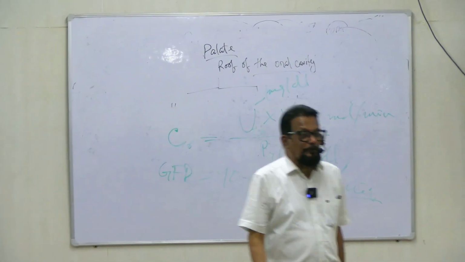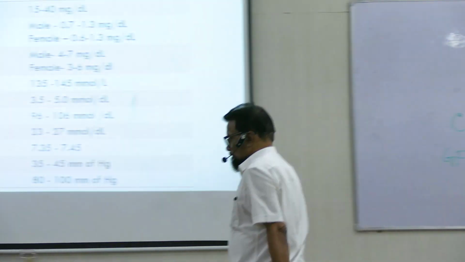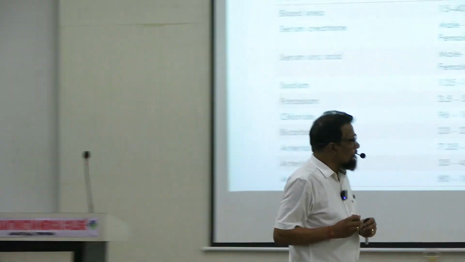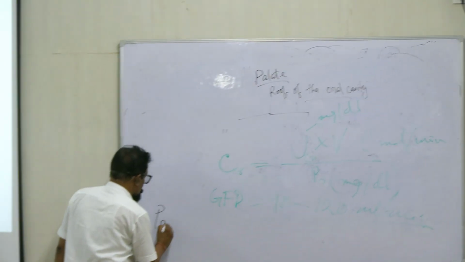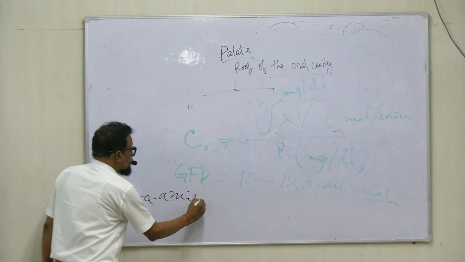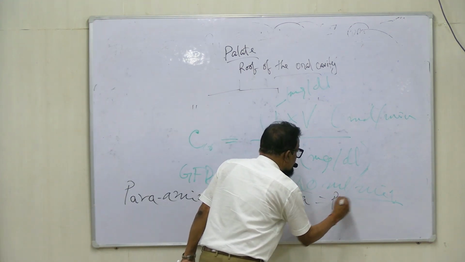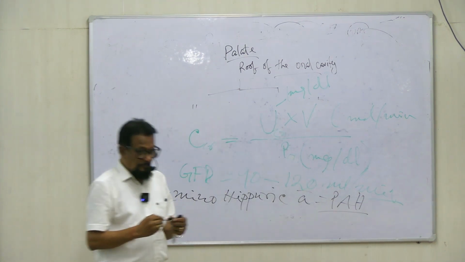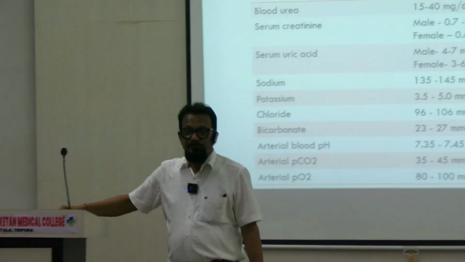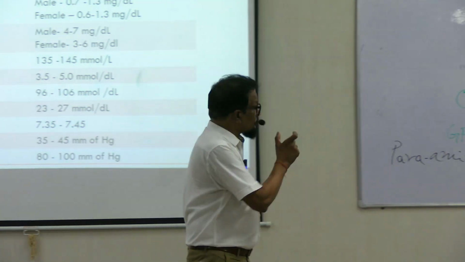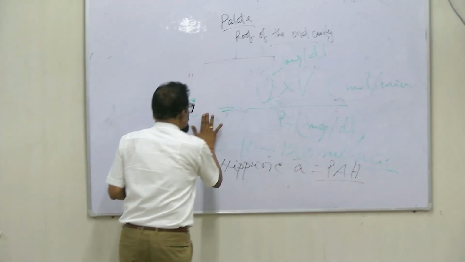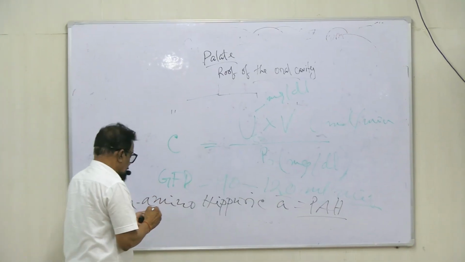Okay. So if you want to calculate the clearance of PAH, para-aminohippuric acid, you can also calculate this clearance value of PAH. What do you have to do?